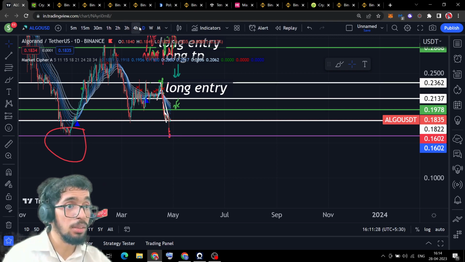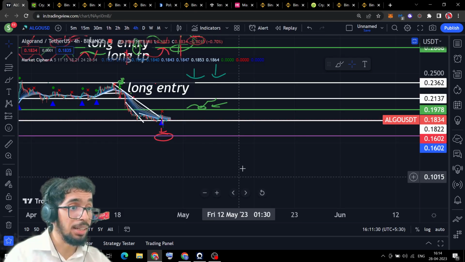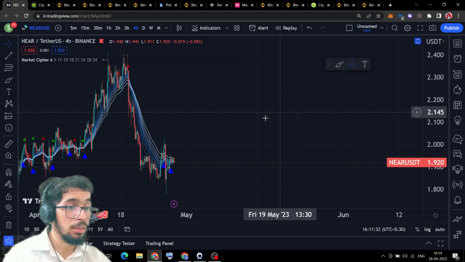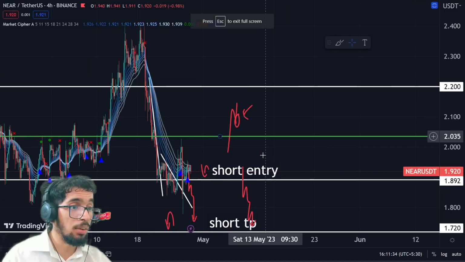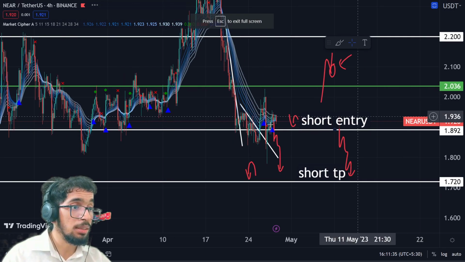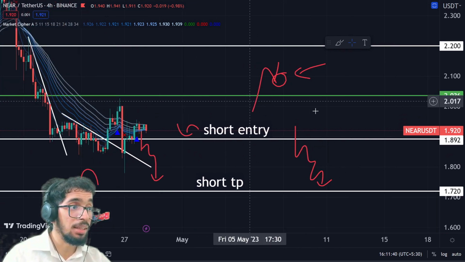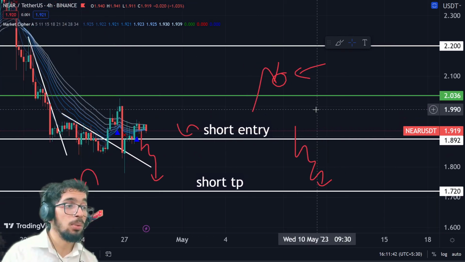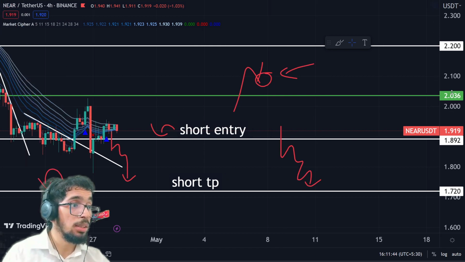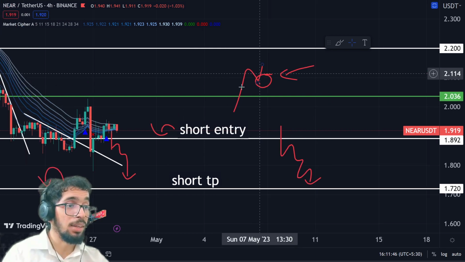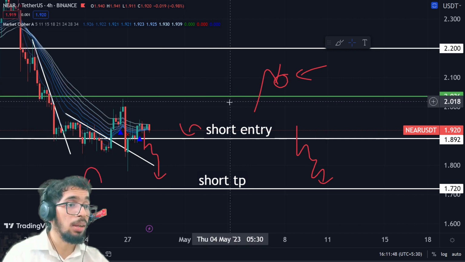Now let's talk about your next chart, which is your NEAR chart. Right now we'll be watching this key resistance around $2.03. Once it breaks that and makes support, we enter all our longs.